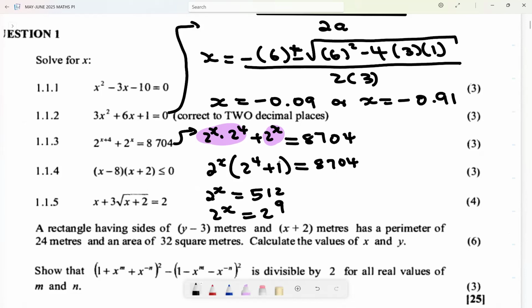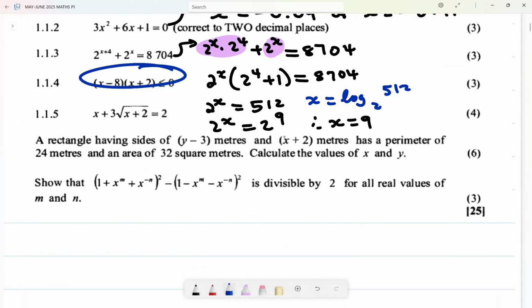Therefore x is equal to 9. Guys, you can use logs here and say x is equal to log base 2 of 512. Let's see, log base 2 of 512. Yeah, you get 9, guys. It's still the same thing. Okay, I move on.